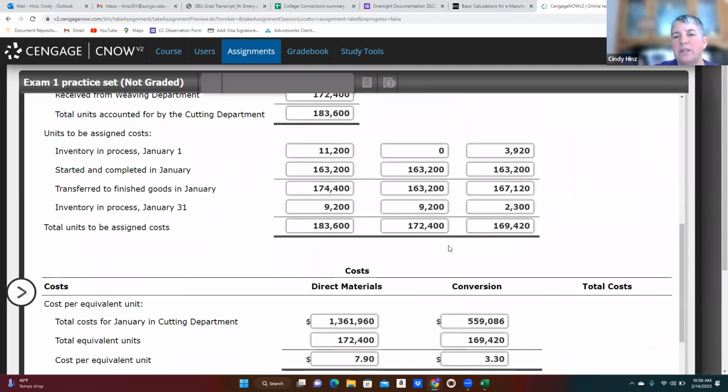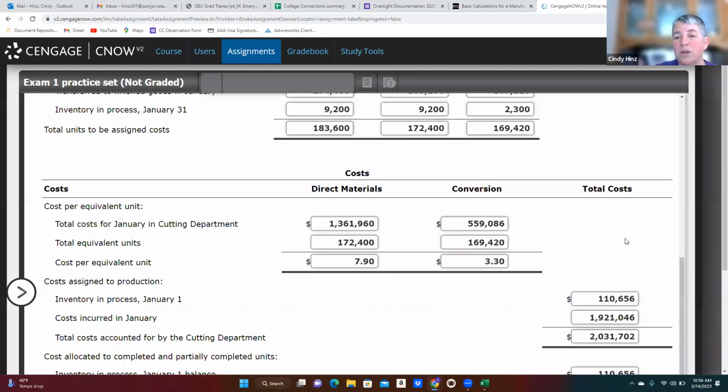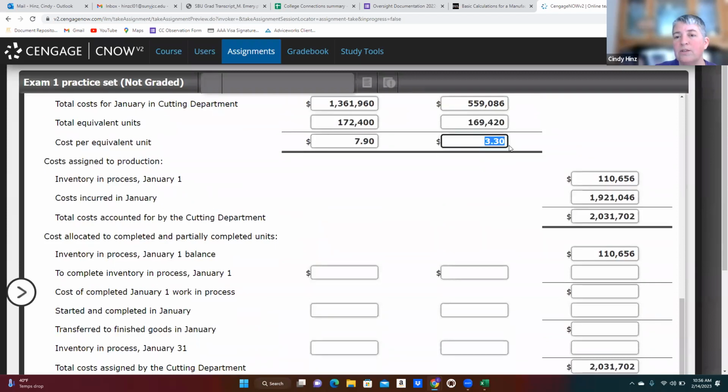If I scroll back up to that first step and look at this line, we didn't have to add any direct materials, but we did have to add 3,920 units of conversion cost. Conversion cost for the month of January cost us $3.30 per unit.